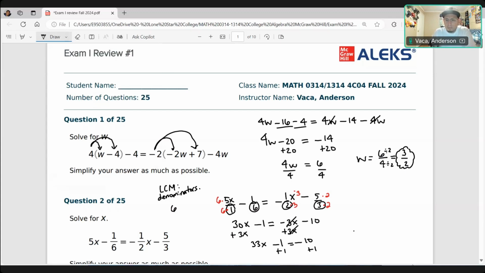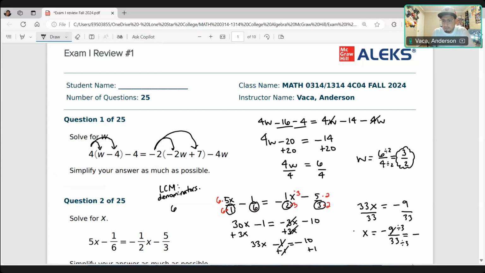Add 1. We get 33x is equal to negative 9. Divide by 33. Again, the whole idea of solving an equation is to isolate the variable. So we get x is equal to negative 9 over 33. Both of these numbers are divisible by 3.